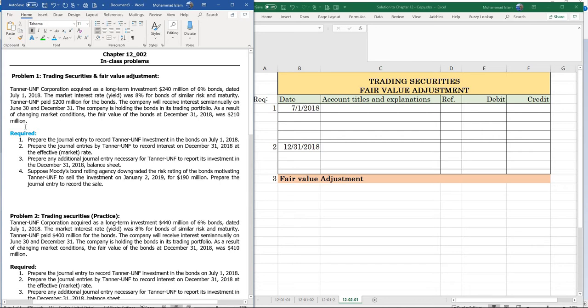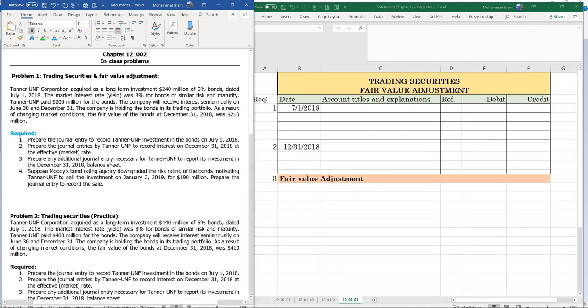That is what we call the fair value adjustment. Okay. So now let's solve this one, because I think that example is always better than lots of words. Solving this problem will give us a clear idea of how to record the trading securities and the fair value adjustments. Okay, so now let's read the problem first.